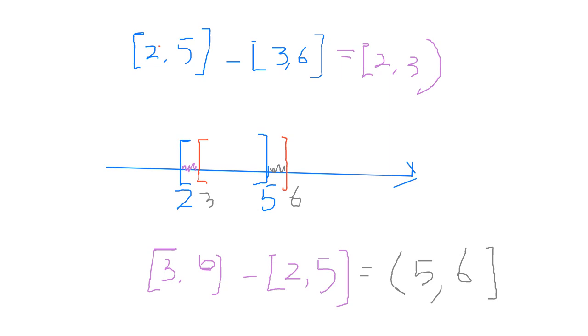This set means the number could be very, very close to 5, like 5.000001, with zeros in between. The number is very close to 5, but it's not 5. So it excludes 5 because 5 is in the set of 2 to 5. Okay, anybody has any questions?